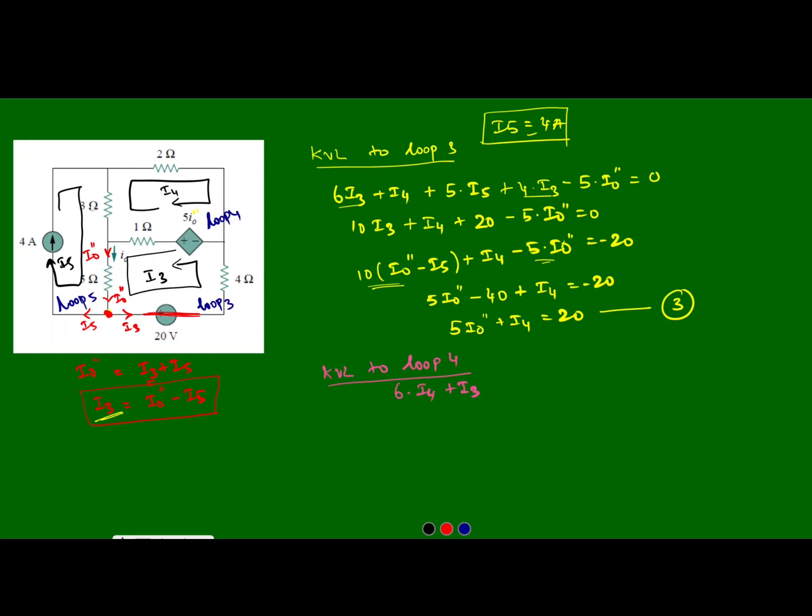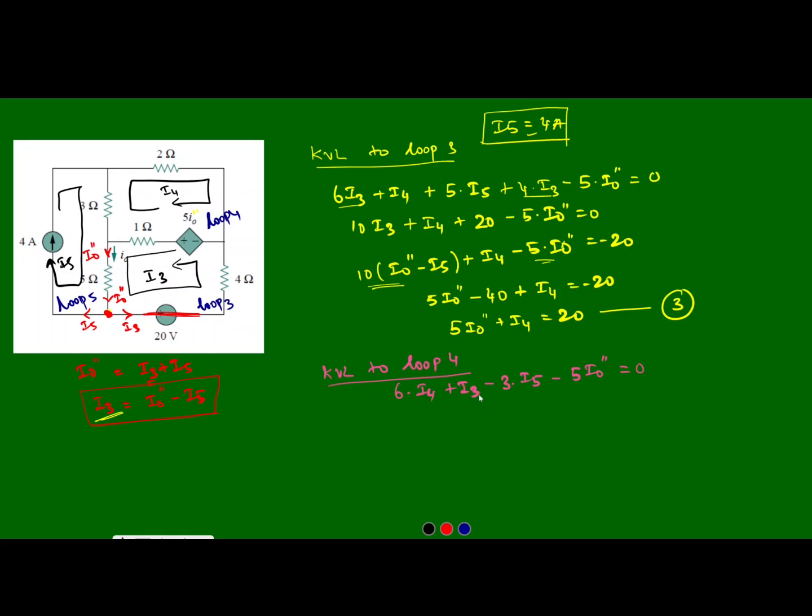The current through the 3 ohm resistor, I5, is opposite to that of I4, so I write negative of 3 into I5. Finally it meets the negative terminal of the dependent voltage source, that is 5 I0 double dash, which is equal to 0.